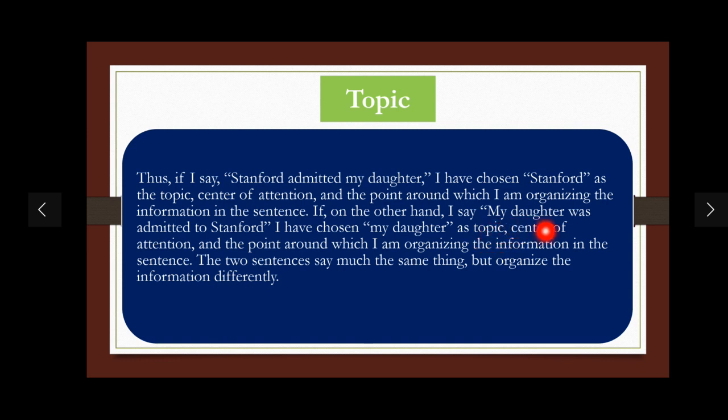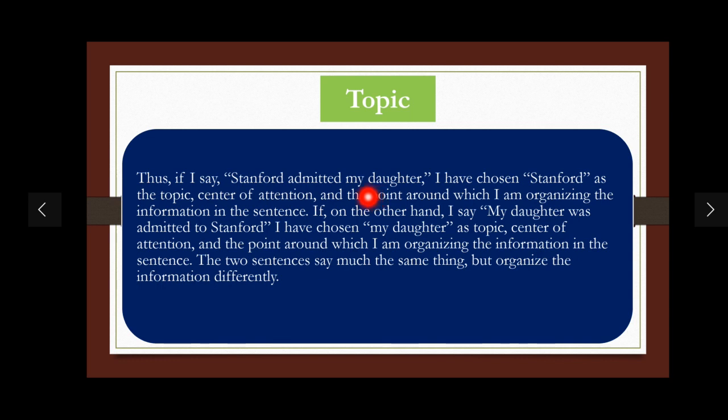So in "my daughter was admitted to Stanford," my daughter comes in the foreground. It is foregrounded, and Stanford goes to the background. And in the other sentence, Stanford is foregrounded and my daughter is backgrounded.